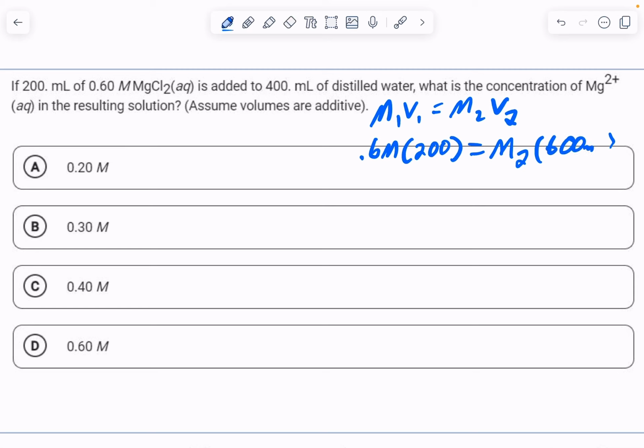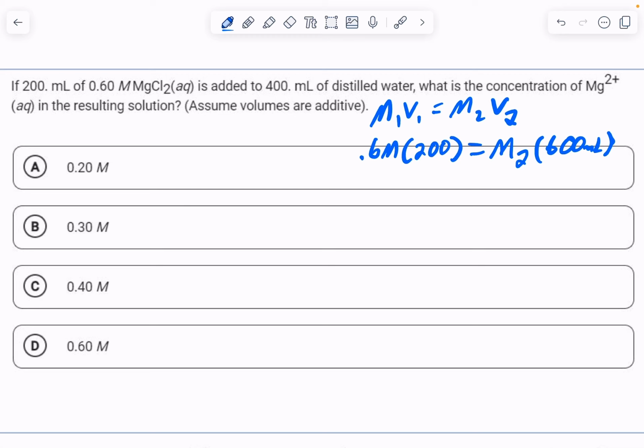Now, I know molarity is calculated in terms of liters, but since we are just doing M1 V1 equals M2 V2 and we keep the milliliters constant, we are going to have the correct molarity here, so we'll be just fine keeping it this way. Both those milliliters will cancel each other out.